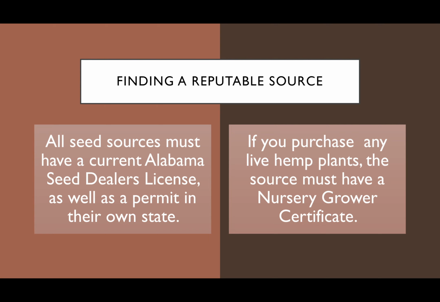That means that someone from the plant division of the Alabama Department of Ag comes and does inspections at their grow site to make sure that they're clean, pest-free, disease-free, and checks for a variety of other things. If you're purchasing seed in Alabama, that dealer must have an Alabama seed dealer's license as well as a permit in their own state to sell seeds.